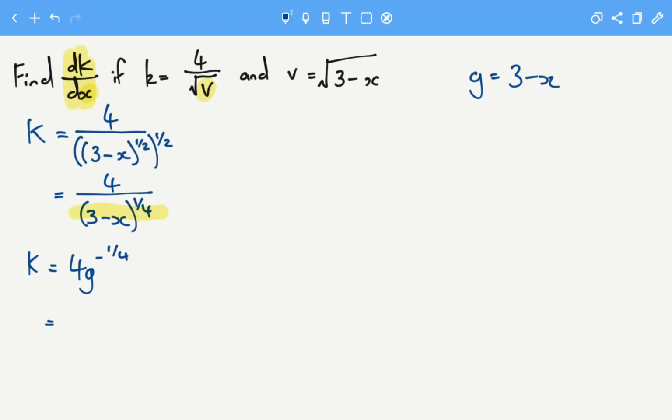And when we differentiate this, we're going to get negative 4 over 4, because we're multiplying the power by 4g. Negative 4 over 4g to the power of negative 5 over 4, because we're minusing that by 1 when we differentiate, remember?